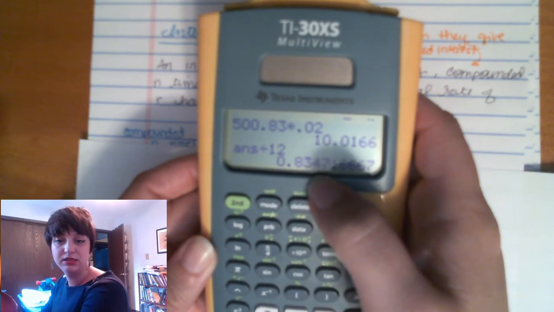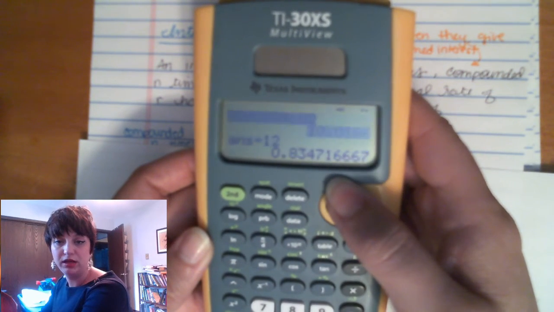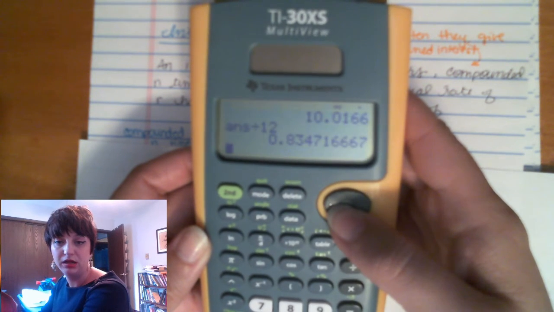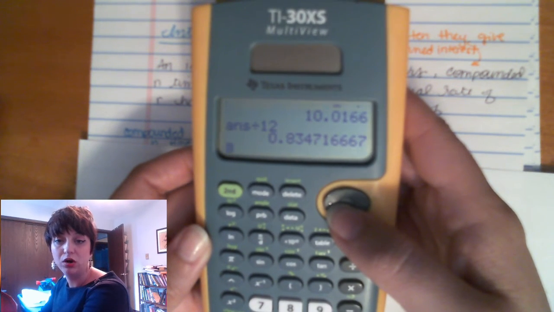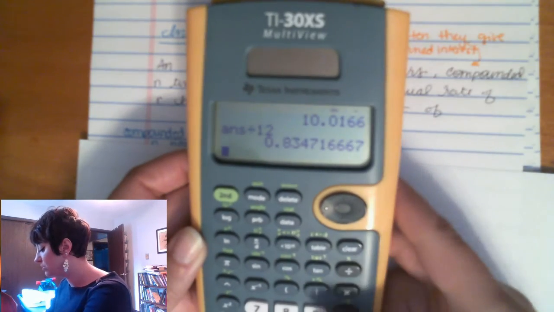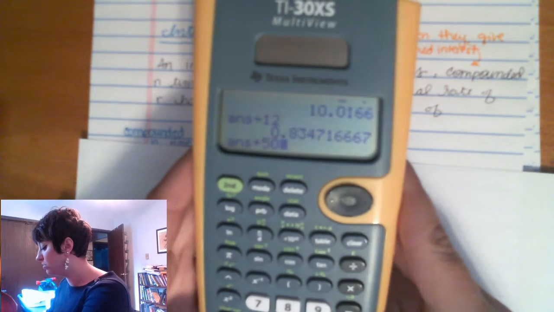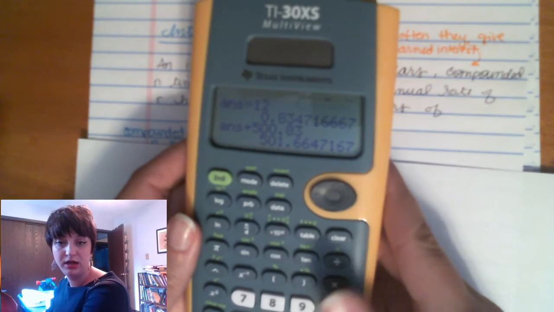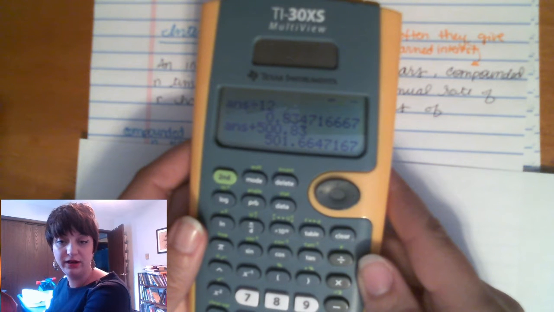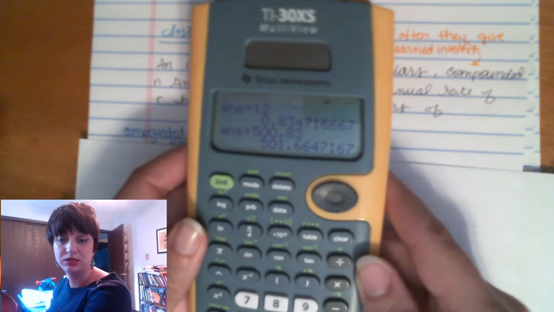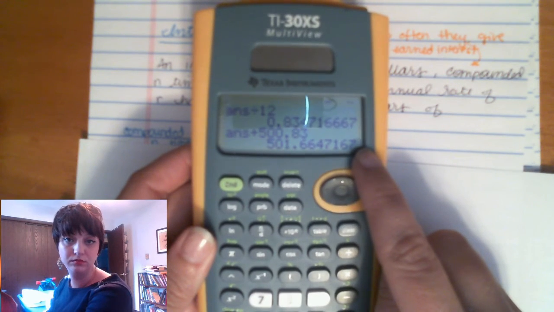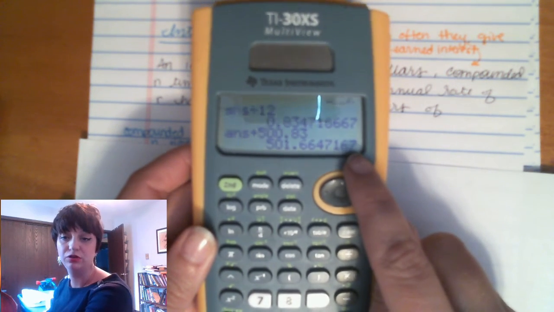Because it's cents, it rounds to 0.83 like before, but the previous one was 0.83 repeating. This one's 0.8347, so it actually is slightly larger. So now that goes into your account, and by the end of February, you actually have $501.66. You have more money that they're going to be calculating your interest on already just by the second month, if they're doing this monthly.